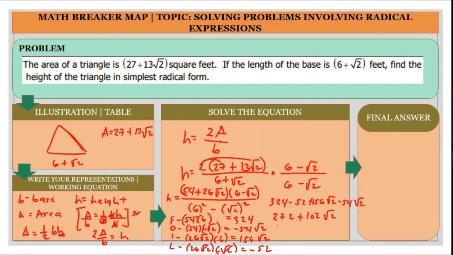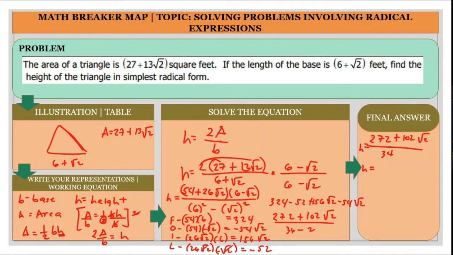So this will be the numerator, over the denominator, which is the square of 6, which is 36, minus 2, which is 34. Now we will have H equal to 272 plus 102 square root of 2 over 34.